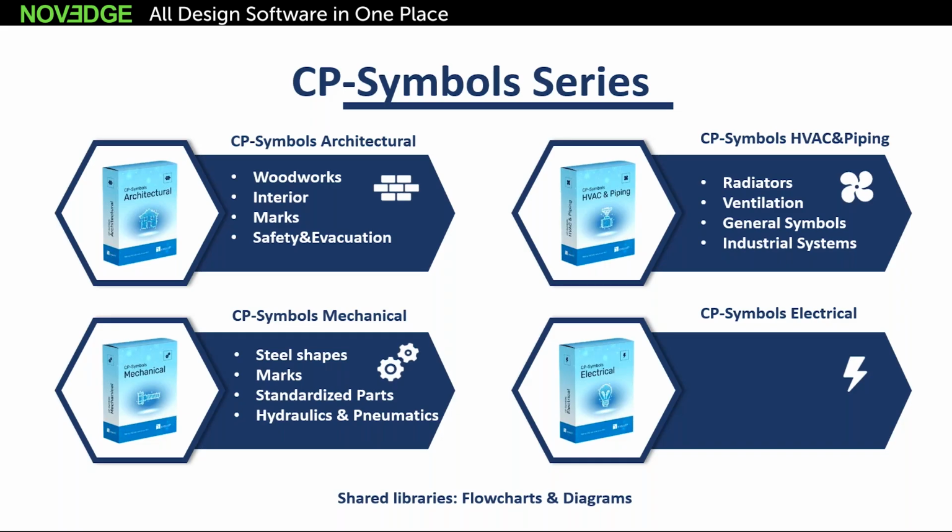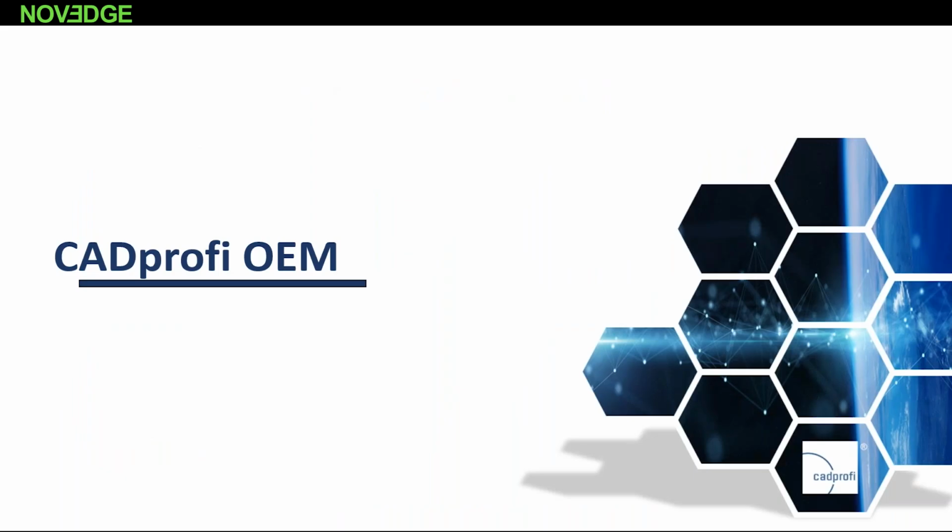When we are speaking about the CP symbols electrical series, that would be a library of AEC and MFG symbols, plan, scheme, and lighting symbols. In each one of those symbol series, you will have libraries which are shared, and those are flowcharts and diagrams.